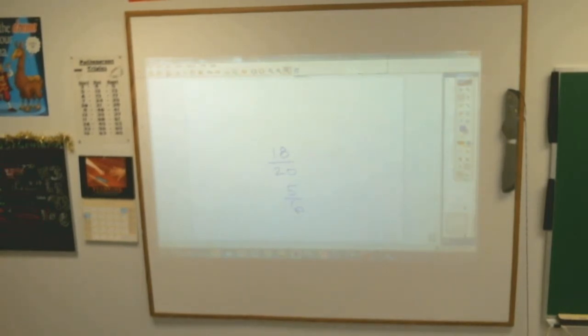Remember, when you multiply by 100%, it's 100 over 1, not 1 over 100. 100 over 1, not 1 over 100.